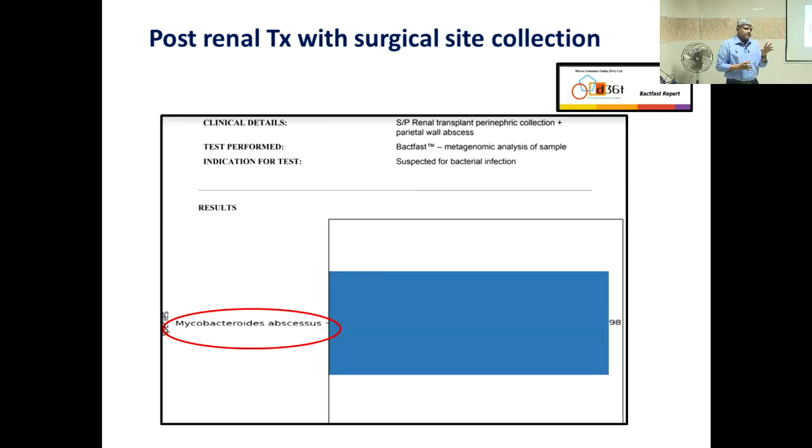But the problem with these tests is they may not be the answer to the entire problem. You should know how to utilize this test, and when to utilize it. These are not as simple as your single PCRs like H1N1 PCR, CBNAAT, or COVID. Anything that is multiplexed needs a clinician's interpretation.